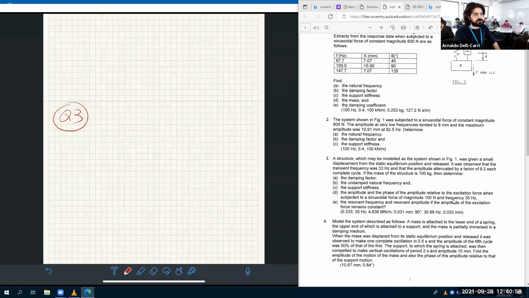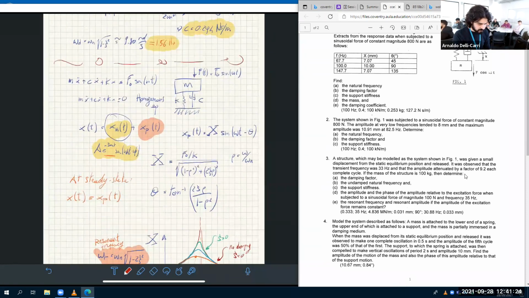All right. So this first part looks like free vibration. I am giving a small displacement from the static equilibrium and releasing. That means there is no external force. So what do I use?